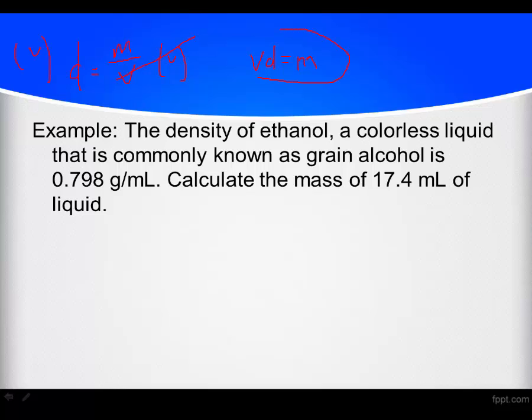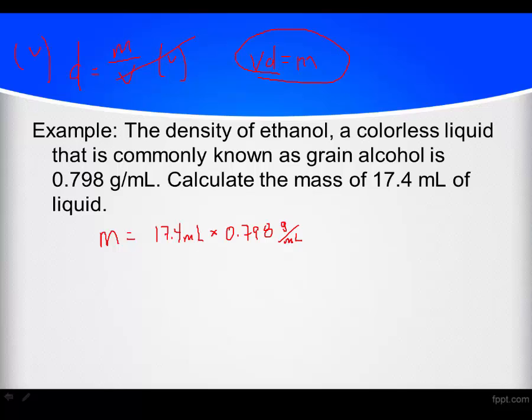It's kind of hard to read up there, isn't it? So if they're asking me to calculate the mass, it's going to be volume, which reads as 17.4 according to the problem, milliliters, times density, which is 0.798 grams per milliliter. Do those things look like they have sig figs?